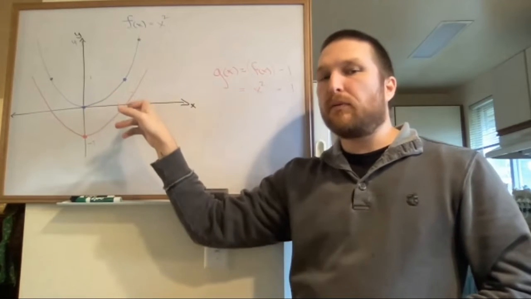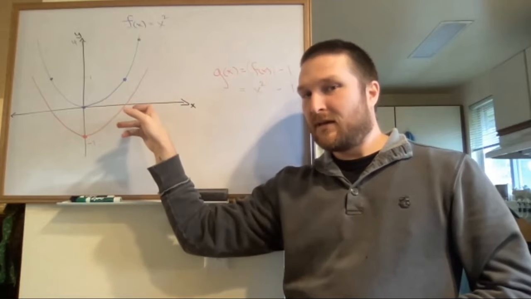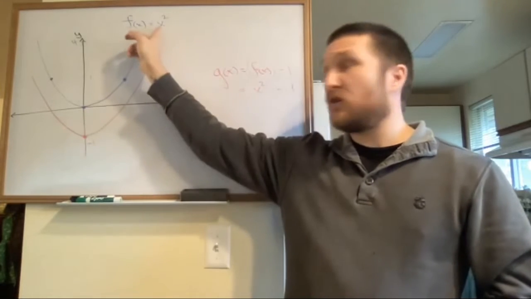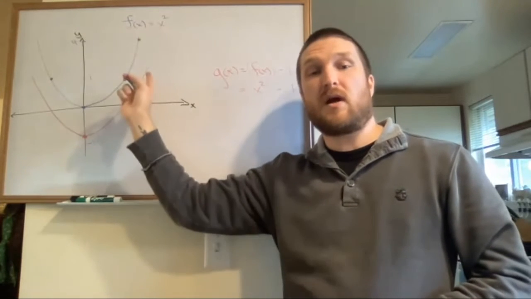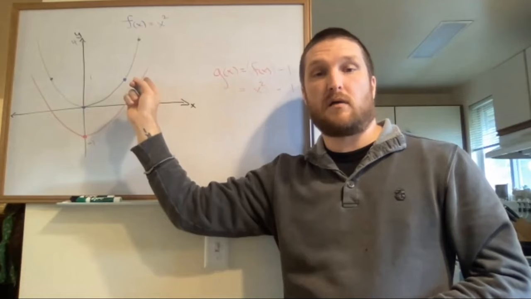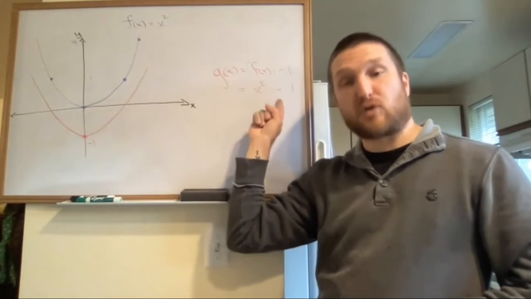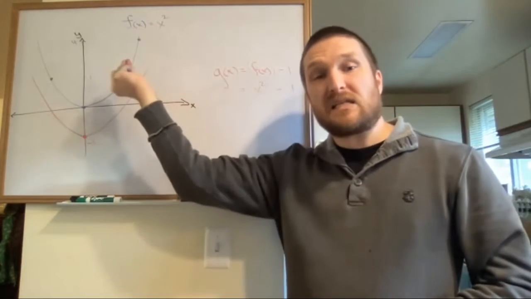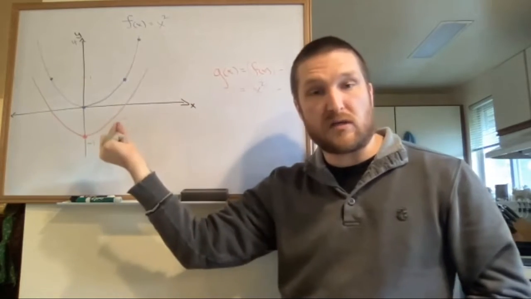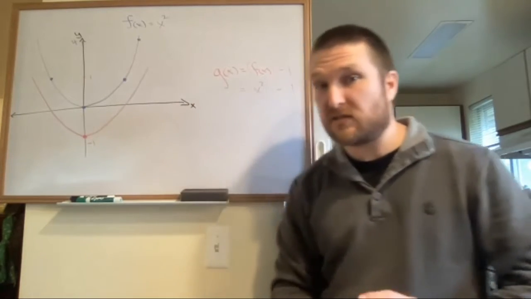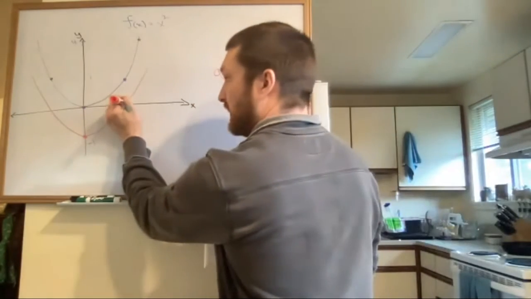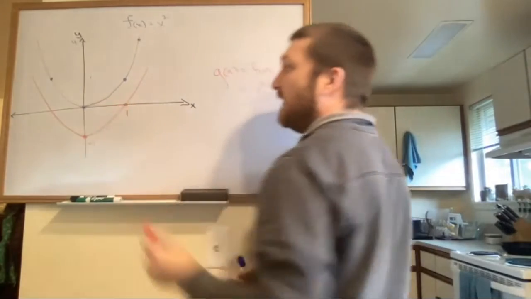Similarly, when we plugged in a 1 into our first function and squared it, it went up to positive 1. This says to do the same thing, but then subtract 1. So this thing just drops down 1 unit, and it should give me a 0 right there.